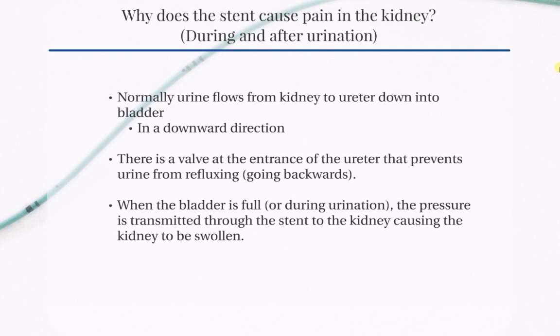In a patient who has a stent, the ureteral stent keeps that valve open, therefore preventing its closure. When the bladder is full or during urination, the pressure is brought through the stent up into the kidney, causing the kidneys to swell. The patient may experience pain from the swelling of the kidneys.